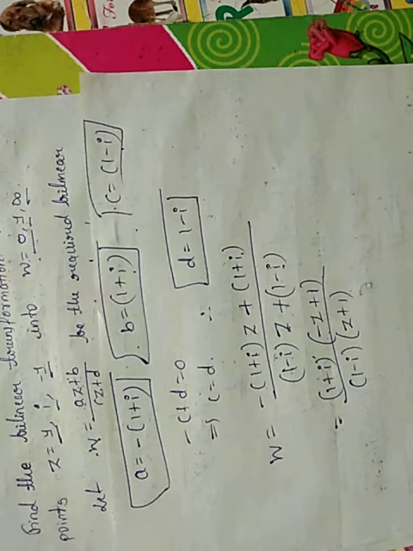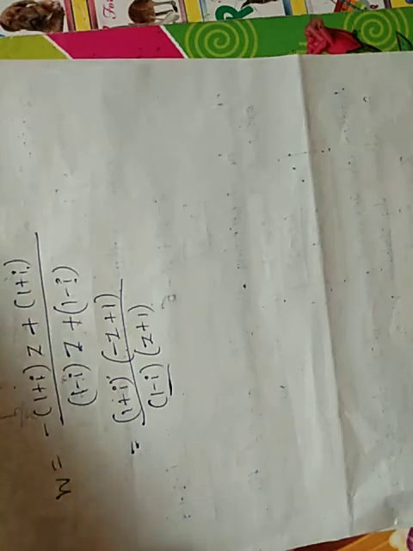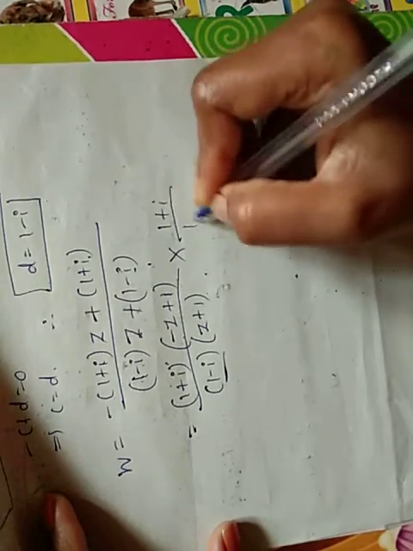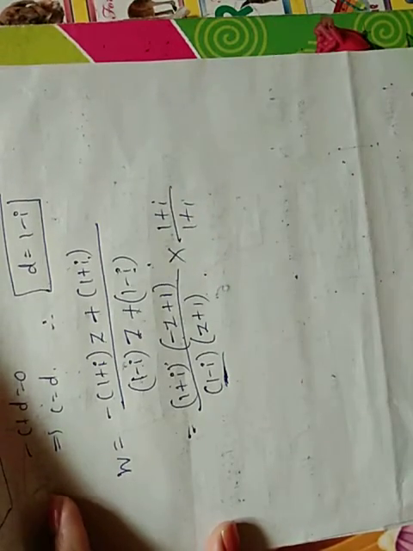So it is not exactly in the form of az plus b divided by cz plus d. So what we have to do here? We have to make the simplification of the terms. To simplify, we multiply both numerator and denominator by 1 plus i, because here it is 1 minus i.